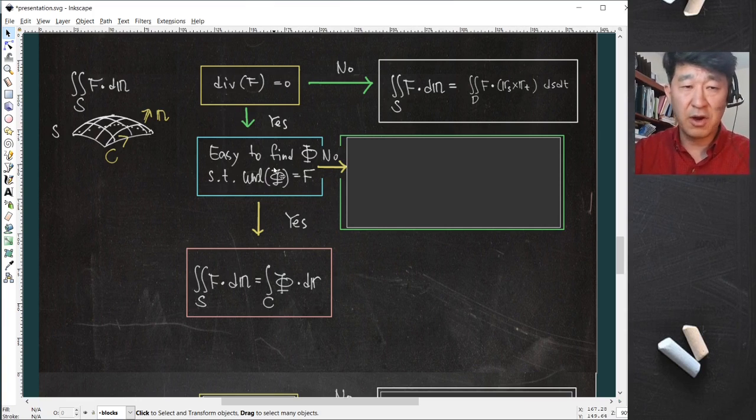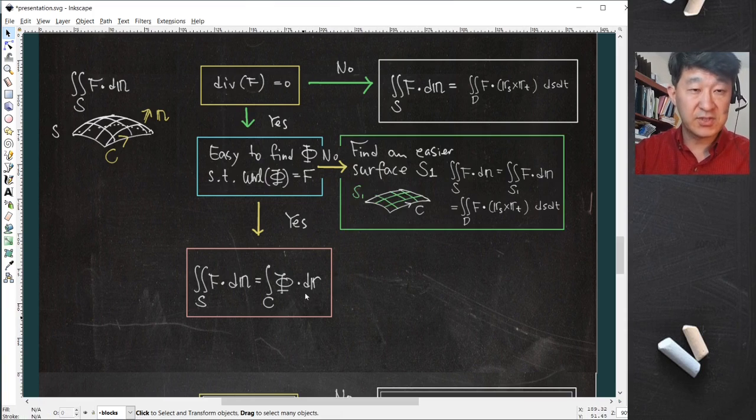There's this option. Often you can't really calculate this phi, this different calculation. So this will be the more realistic thing for our courses. It's the following: if you know it's a curl of something, whatever is happening around its edge here, then you can replace that surface with something simpler. If it can be a flat surface, that's great.